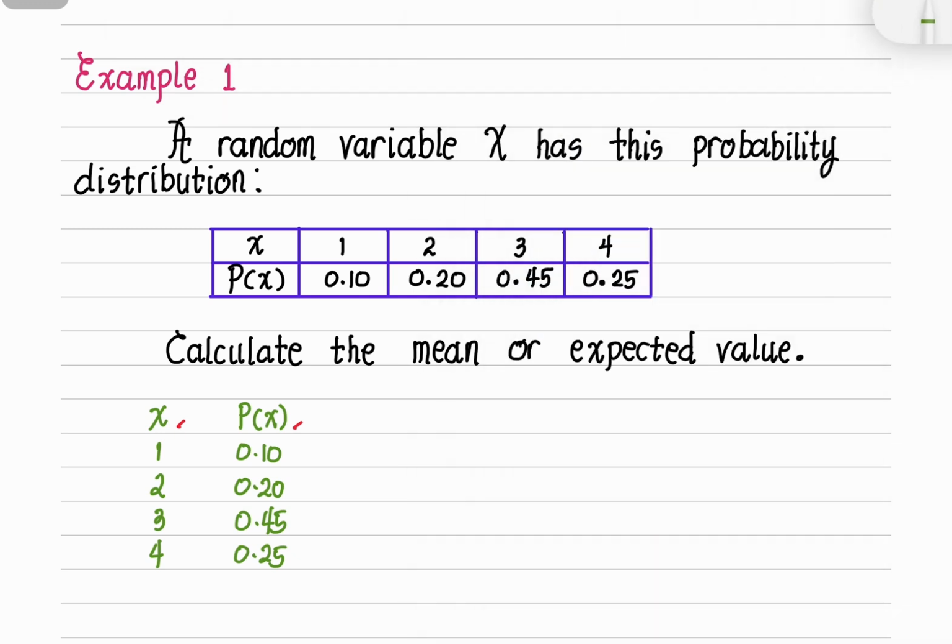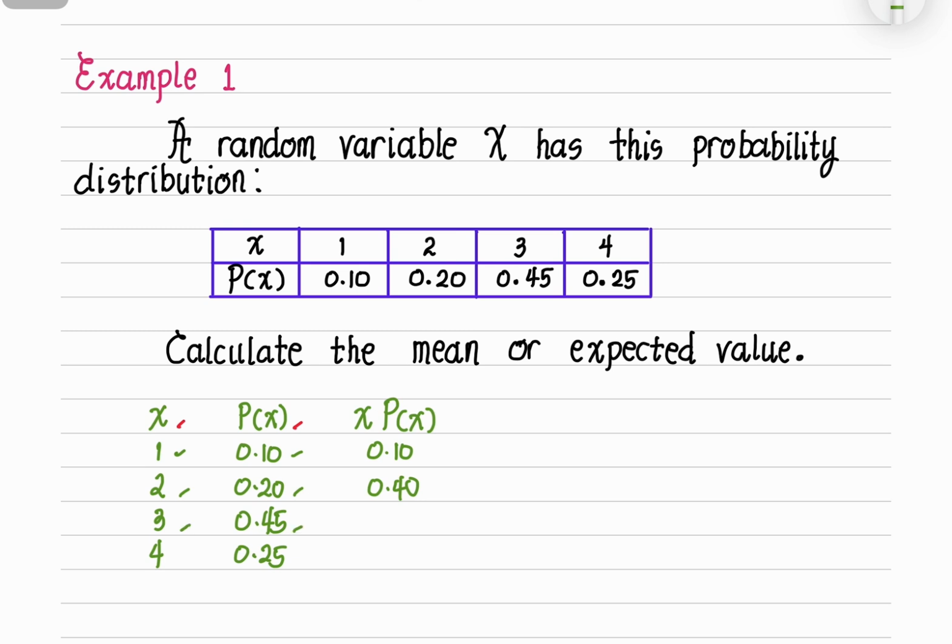Okay. And then, so we come up with x times p of x. Okay. So, 1 times 0.10, that gives us 0.10. And then, 2 times 0.20, 0.40 yan. So, guys, i-multiply natin to. Ito, tsaka to. Ito, tsaka to.